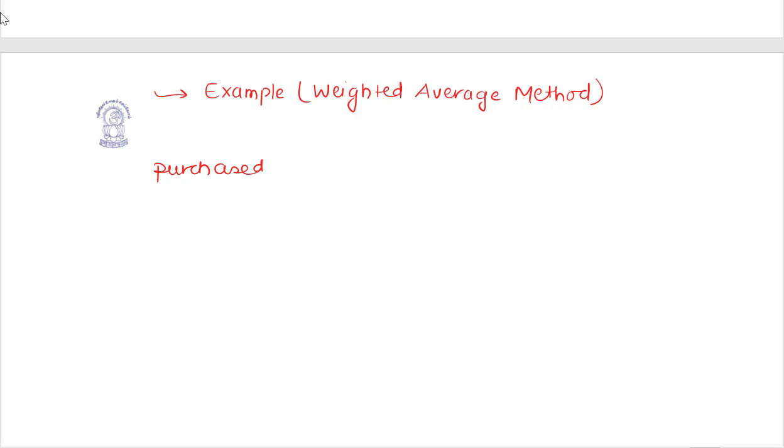Let's see one example. Weighted average method. Purchased 200 units at 12.